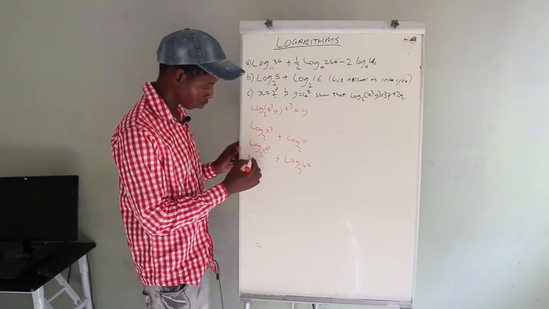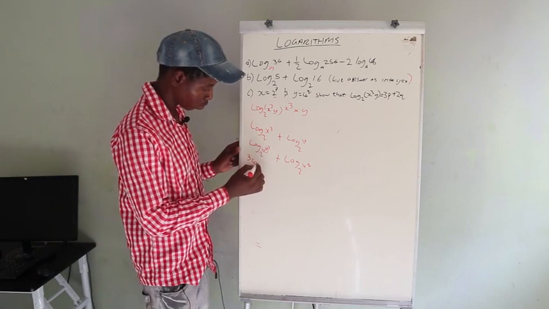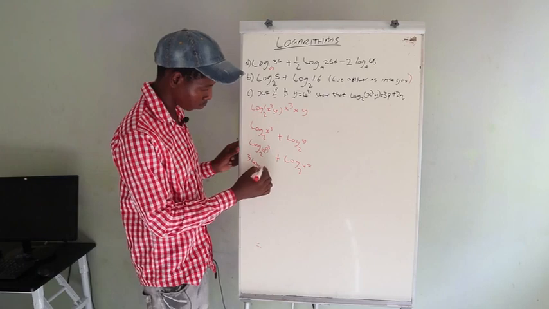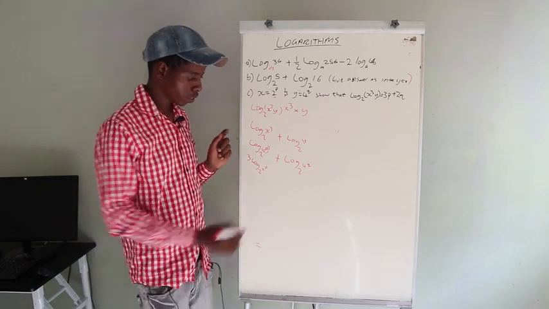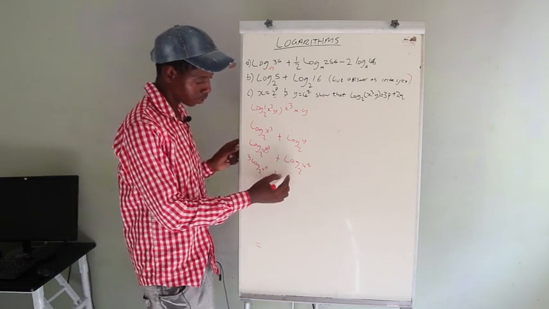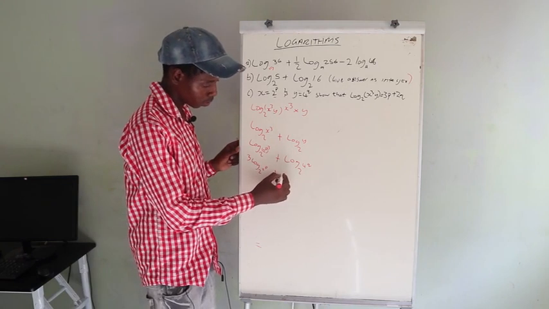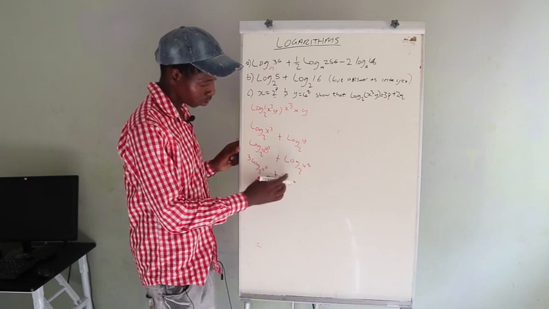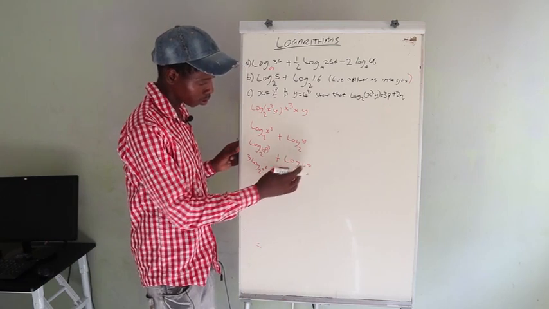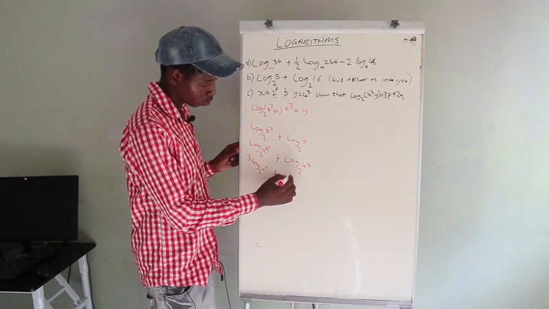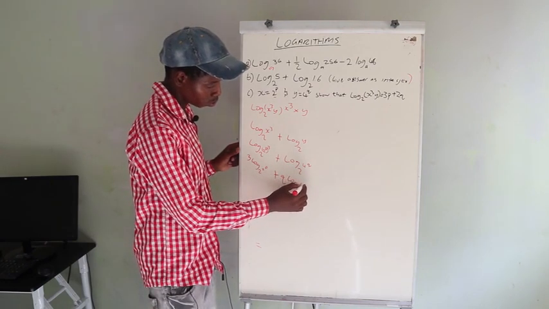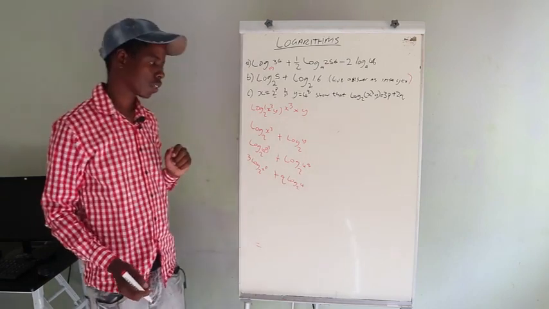We have 3 log 2 of 2 to the power p. And then we have plus, then we have log, let's take this q first, q log 2 of 4.